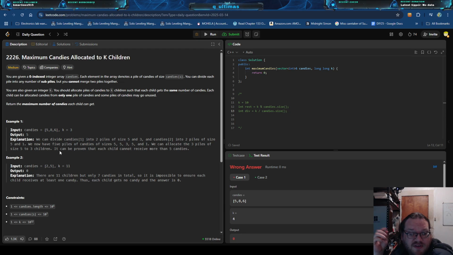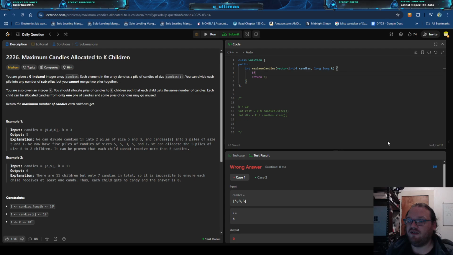What happens if the pile of candies is greater than K? Oh, if it's greater than K, we can give it whatever the kth value is.